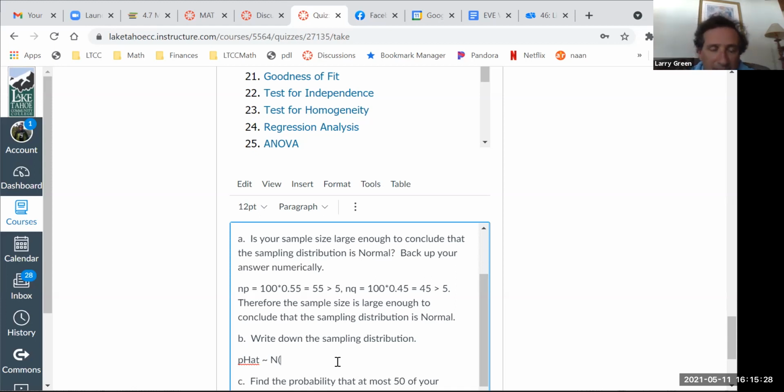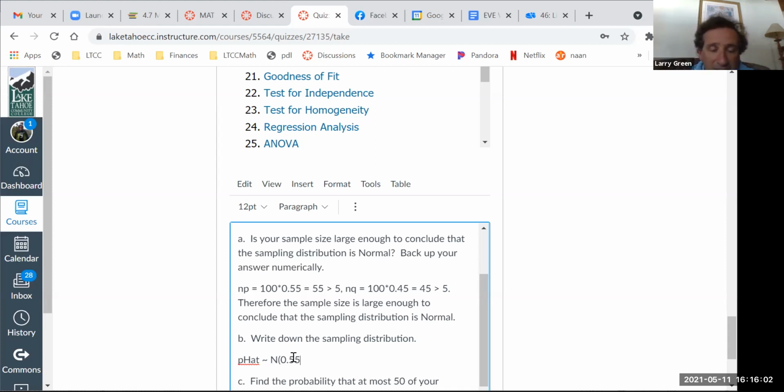Okay, and what is the mean of the sampling distribution? The hint is it's very easy. What's the mean of the sampling distribution? Yeah, 0.55.